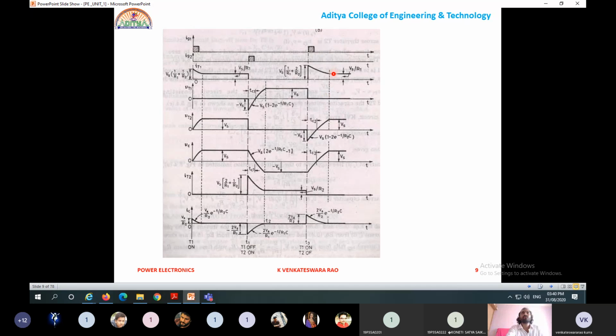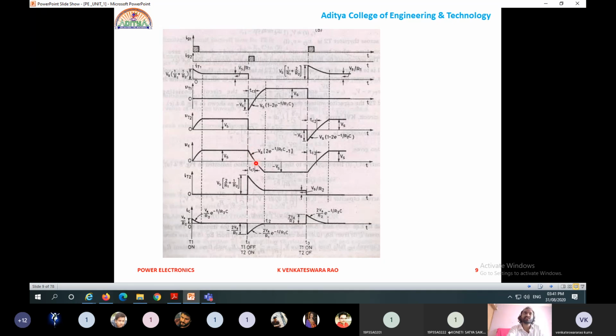After this line, this is the current due to a single resistance. So in this mode, T1 is turned on and T2 is turned off. Once T2 is triggered, this one is the triggering of the second thyristor, and the voltage across the capacitor gradually decreases like this.